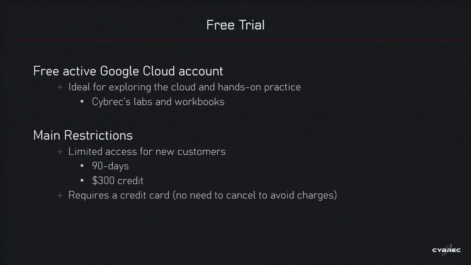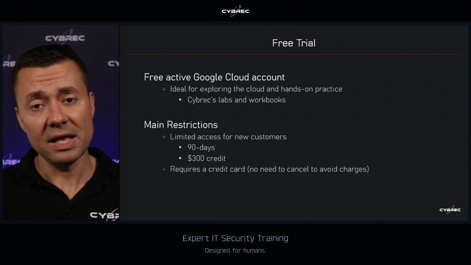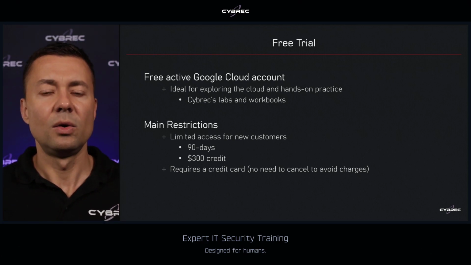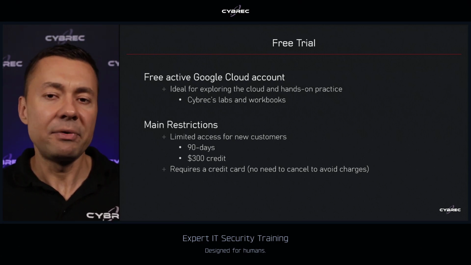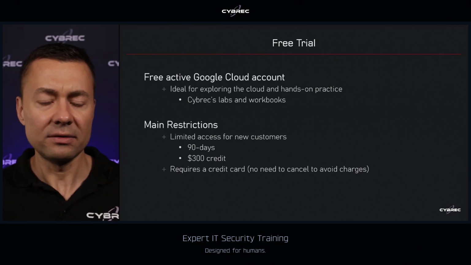One of the things that you will need to provide when you create this account, in addition to specifying your name and your address, is credit card information. The main reason, probably, why Google wants this credit card is they want you to be able to quickly upgrade to a paid plan when the free trial is over.